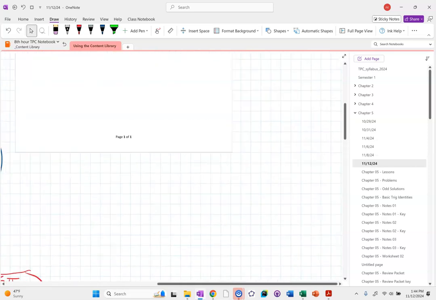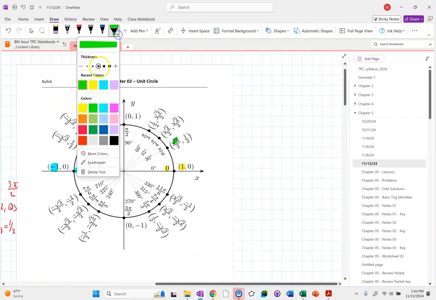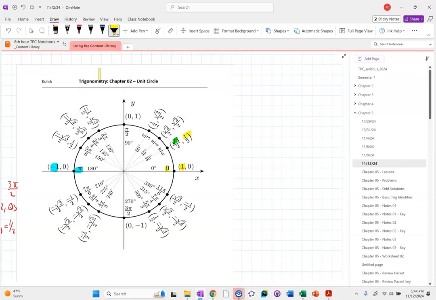If I go to my unit circle, well, I see a spot where x is square root 3 over 2 and y is 1 over 2. Now that's not exactly what I have, but I can make it what I have, right?